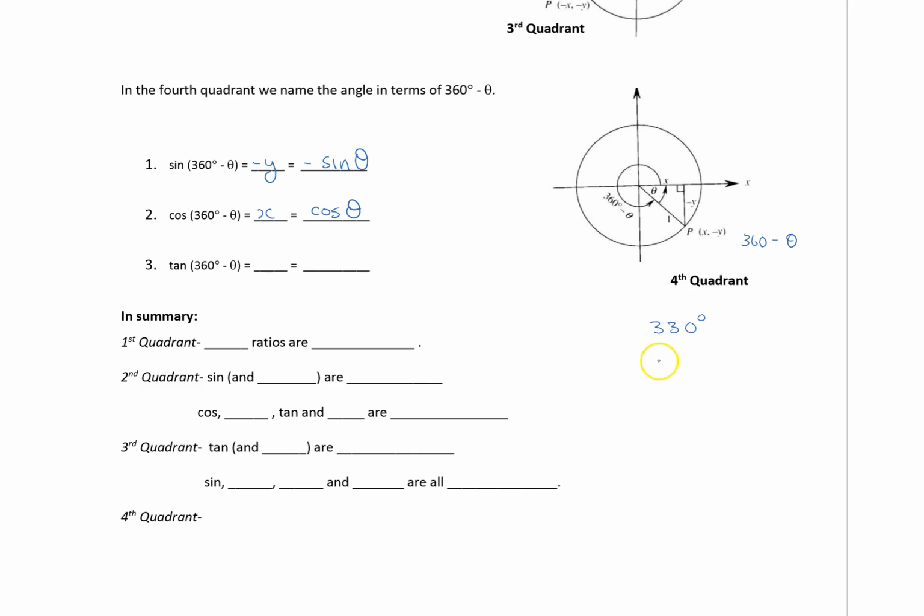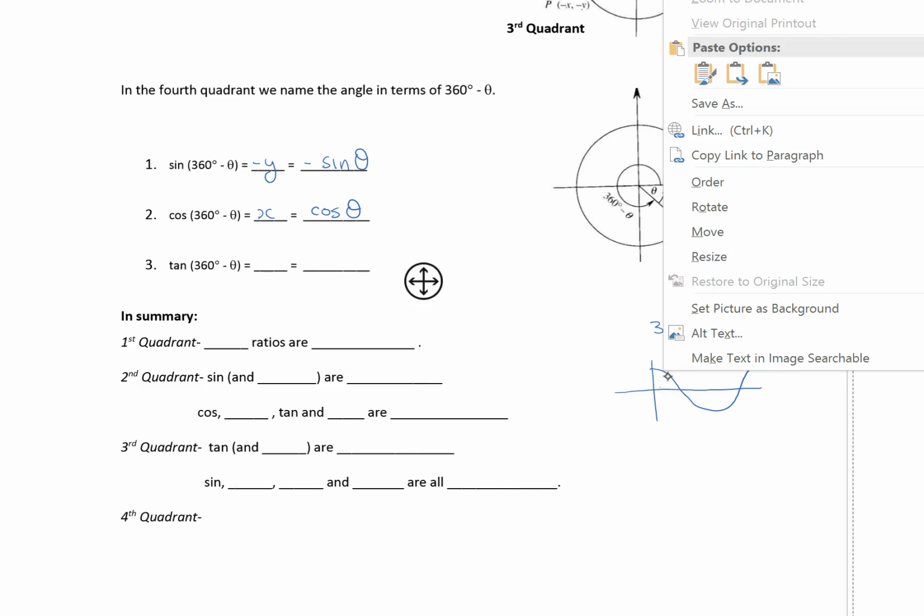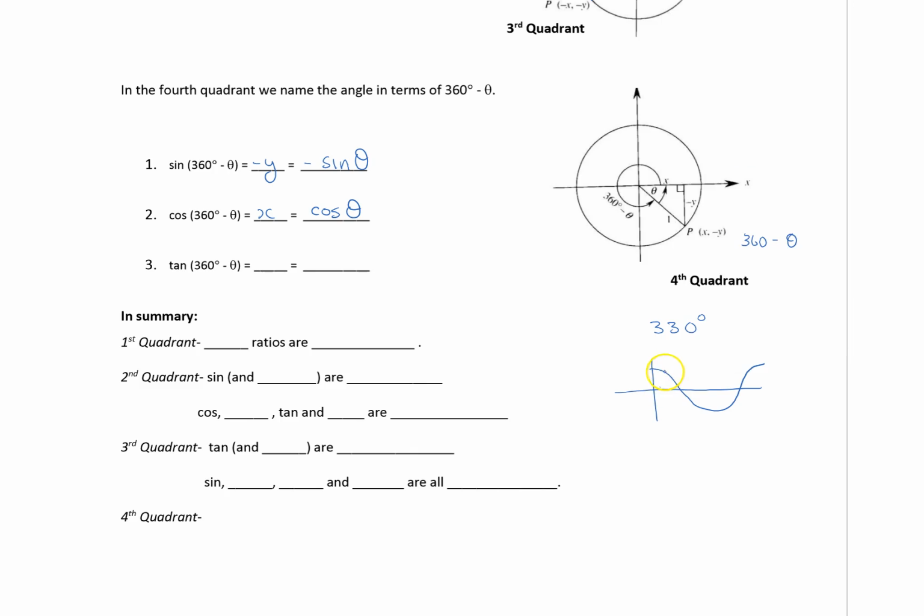We can also look at a graph and see that this is actually true. The cos of 30 and the cos of 330 are in exactly the same position in the graph. If I quickly just draw the cos. So we know that 30 degrees is in here somewhere. And then by the time we're back at 360 here, at 330 we're back there.